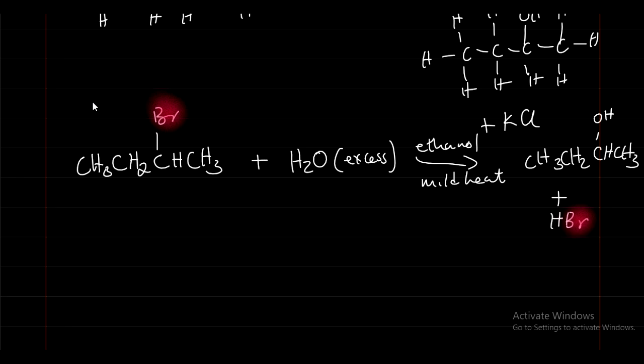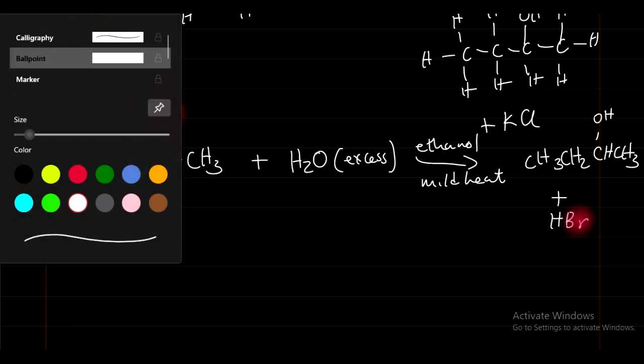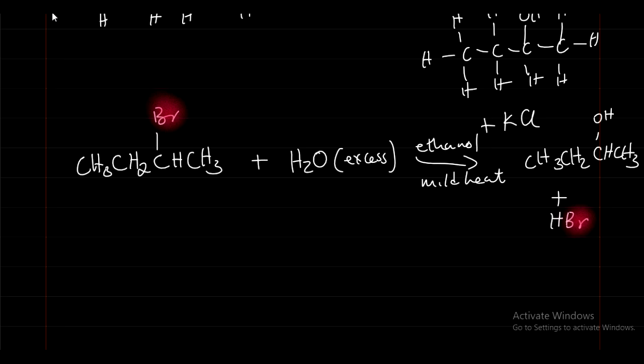So one thing that you need to note is that on a chart of reactions, like how they ask on the question paper, you will find some point whereby there is a primary alcohol.